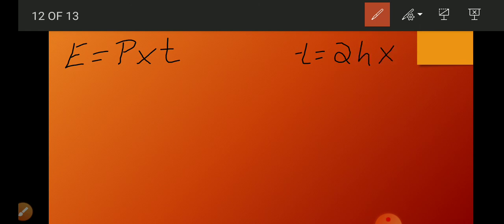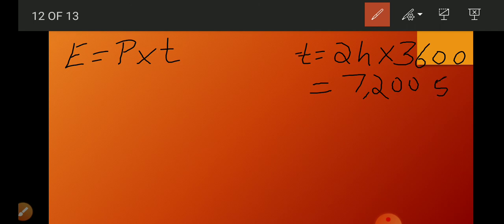To convert hour into second, you multiply by 3600 seconds, because 60 into 60. If you multiply, you are going to get 7200 seconds. Time is 7200 seconds.